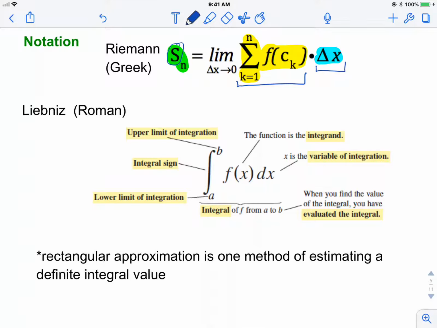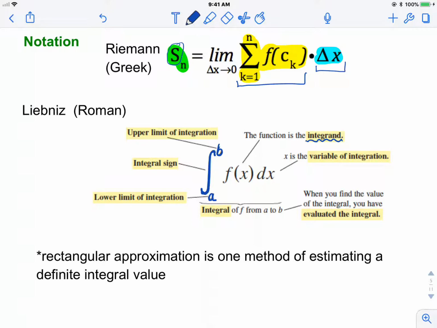So Leibniz's notation uses this kind of neat Roman S-curve, and what it tells us is from what's our lowest bound that we're looking on the graph and what's our highest input. Where on the graph on the x-axis are we limiting this function? The function that we use to generate the curve then is called the integrand, and it would go in.